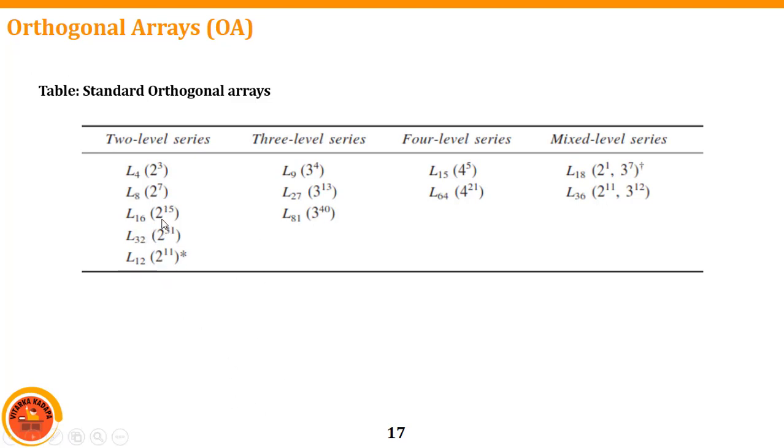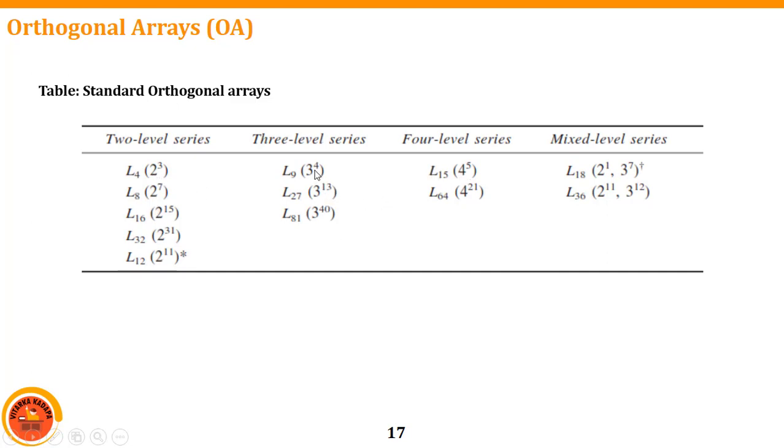If I have two levels and 15 factors, this will be the set, 32 experiments. L9: 3 levels, 4 factors. 3 levels, 13 factors, 27 experiments. If I take the combination 3 power 4, how much? 81 experiments I would have to conduct. Taguchi has reduced that into 9, where 3 talks about levels.